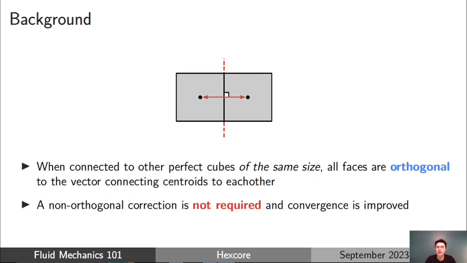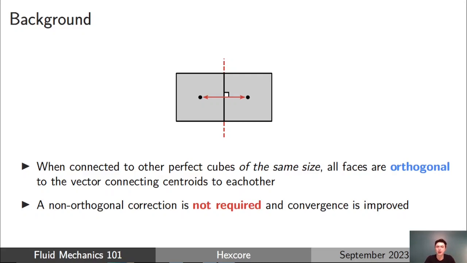And the reason that's important, it comes up in the mathematics of the finite volume method, but simply what you need to understand is that when that vector is orthogonal to the face, we don't need a non-orthogonal correction. And I've done videos on the non-orthogonal correction, you can look that up, but what you'll find is that if you're using ideal perfect cubes that are all connected to each other, you don't need a non-orthogonal correction.